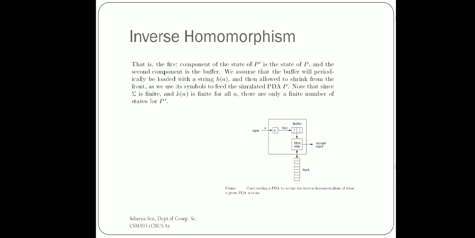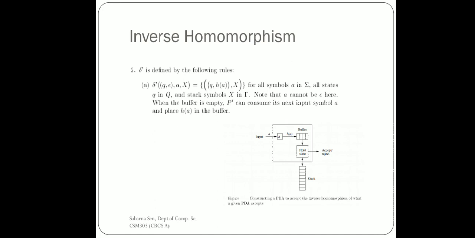Now what does this transition function define? If delta dashed is (q, epsilon, a, x), then if we map it to the form of homomorphism, it will look like this. Just see that for any state q and for any input a and any stack symbol x, we will move in this fashion, right?